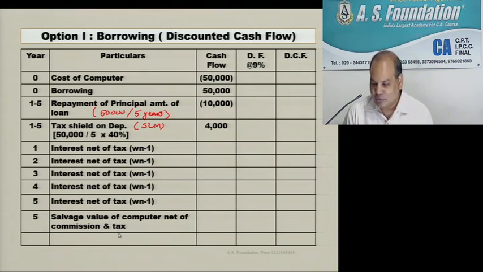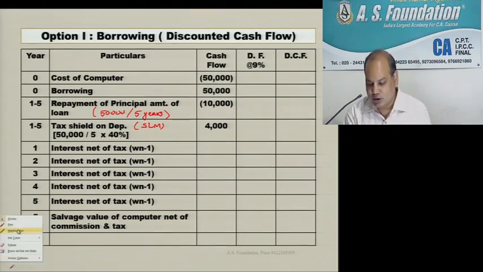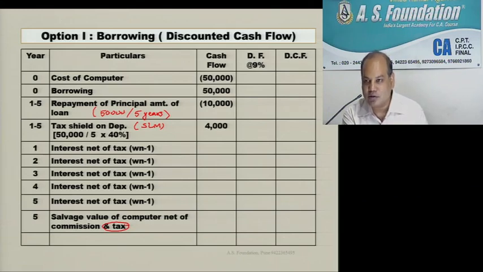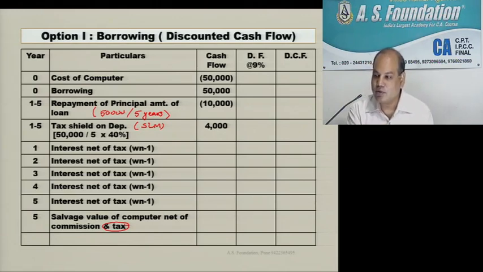If you don't want to deduct tax, then write an assumption accordingly. If you want to deduct tax, write an assumption accordingly. What will happen after 5 years, we don't know, whether the block will be there or not. So according to your assumption, your answer may change slightly. So we will assume sale will attract capital gain tax.